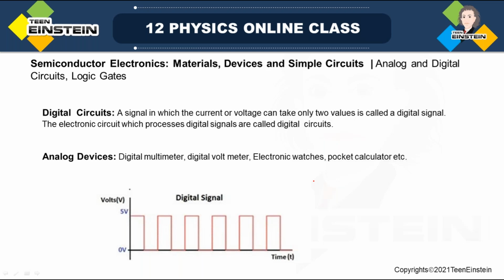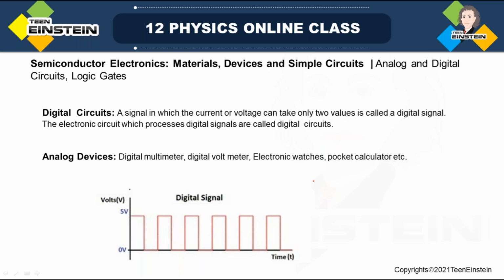Whatever computer we have nowadays, a computer doesn't know analog signals, it knows only 1 or 0. You give input, it reads the input in terms of digital digits like 0 or 1, but it gives you analog output.